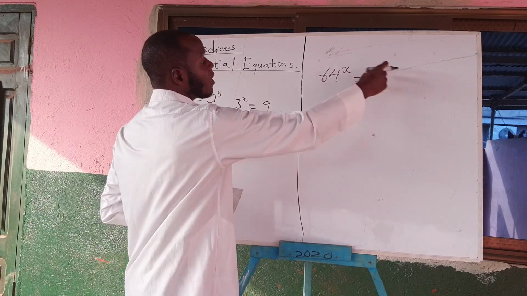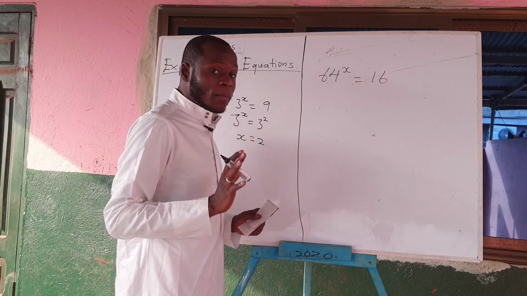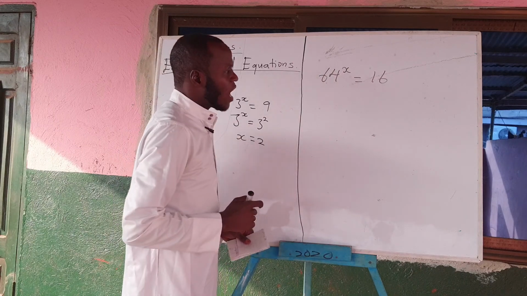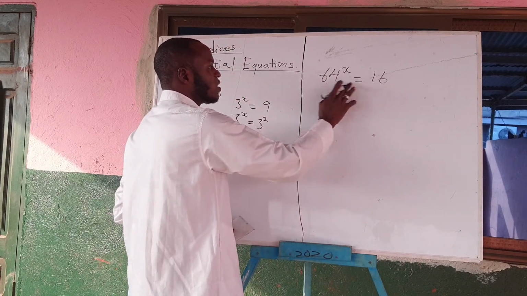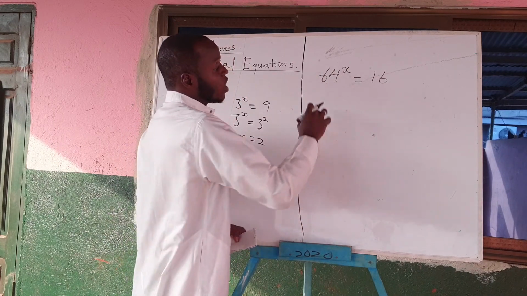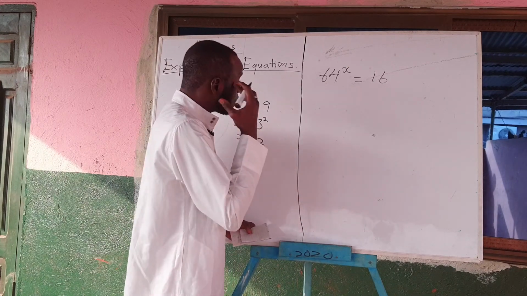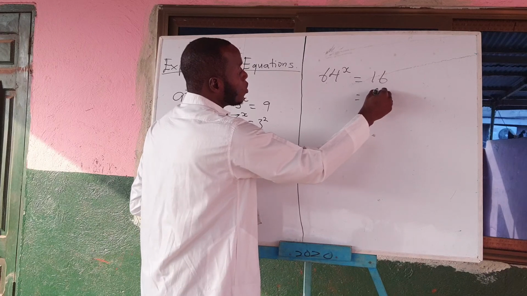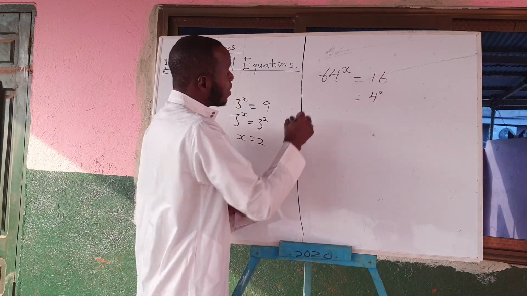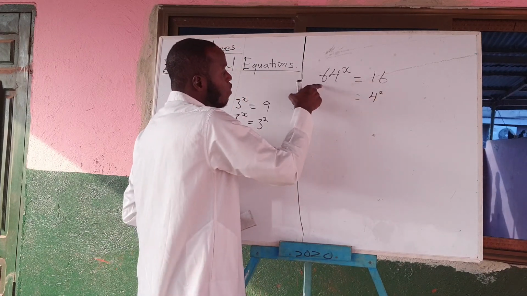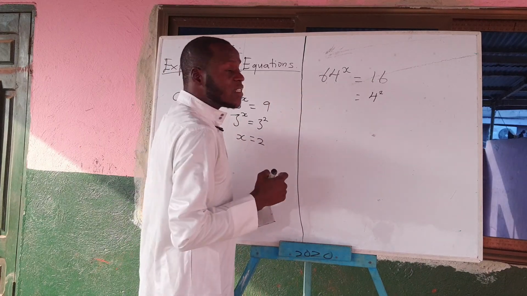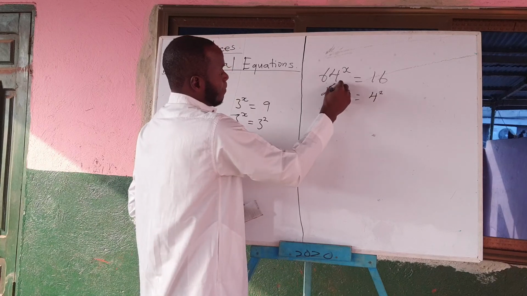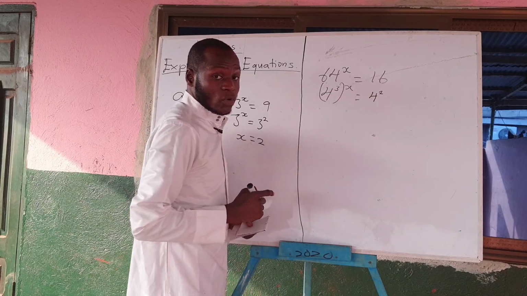I told you any number standing alone without any assigned power is to the power 1. Now, how do we simplify 64 to get the same base as 16? 16 squared will not give you 64, so you need to come down a little bit to 4. We know that 4 to the power 2 will give us 16. Then 4 to the power what will give us 64? Let's see if 4 to the power 3 will give us 64.